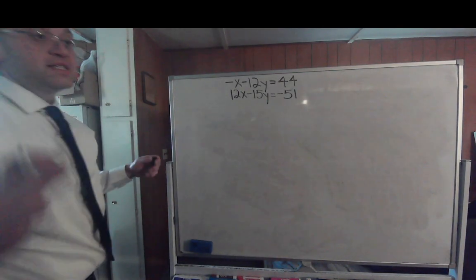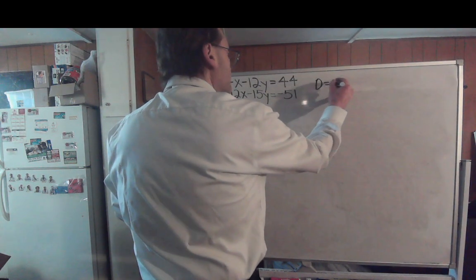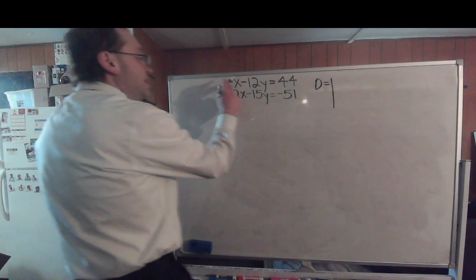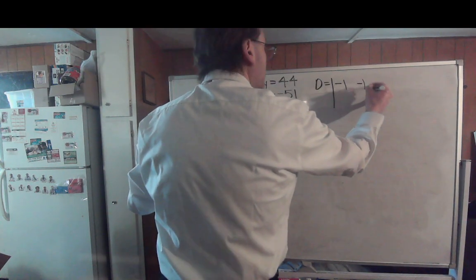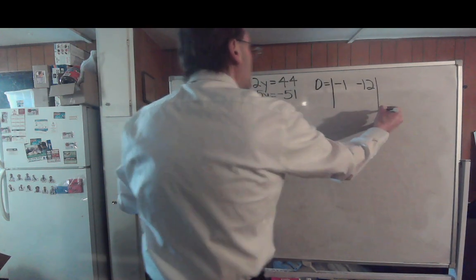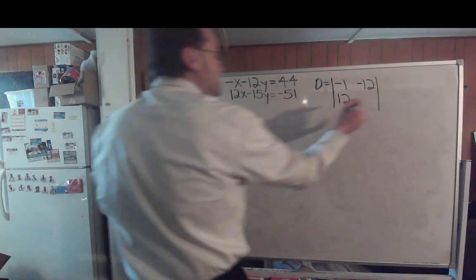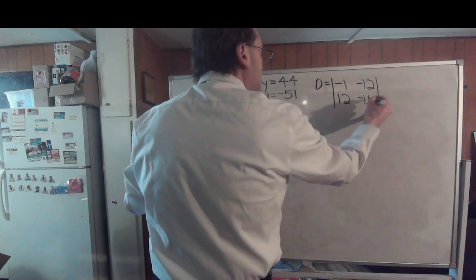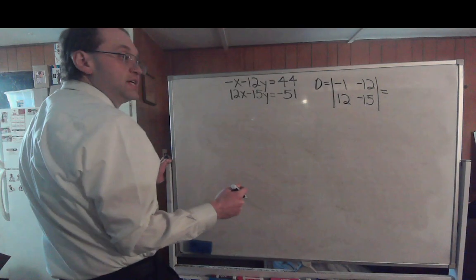So let's go ahead and set up our d determinant, which would just be our coefficient determinant. So take that -1 on the x, then that -12 on the y, and then take that 12 on the x, and that negative 15 on the y. Alright, so what is negative 1 times negative 15?